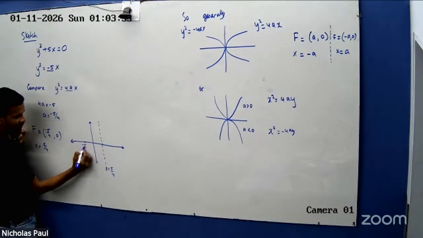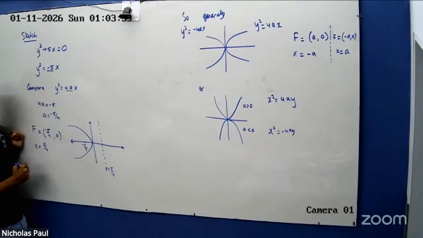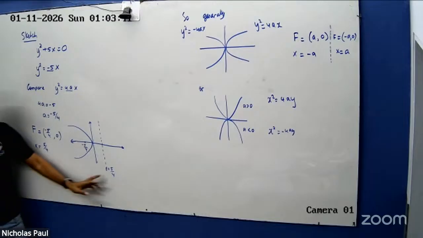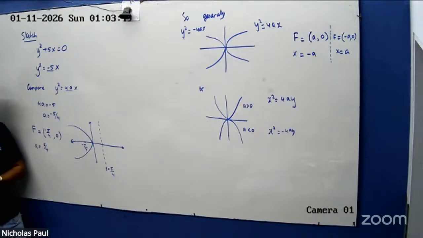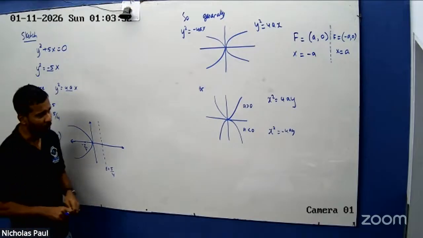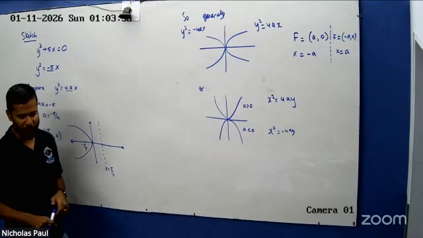Minus 5 on 4, that's your focus point. Try to make it look something like that. Directrix, focus. You okay with that? That's all we need. We're not doing any that's not coming from the origin. It's all going to come from the origin.